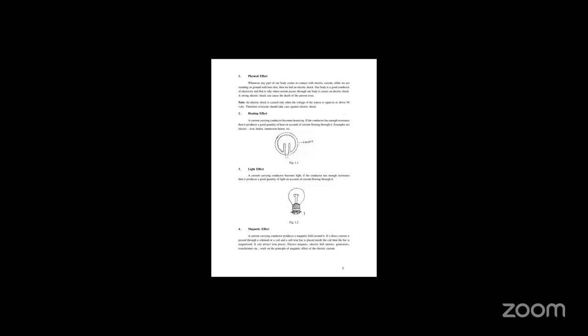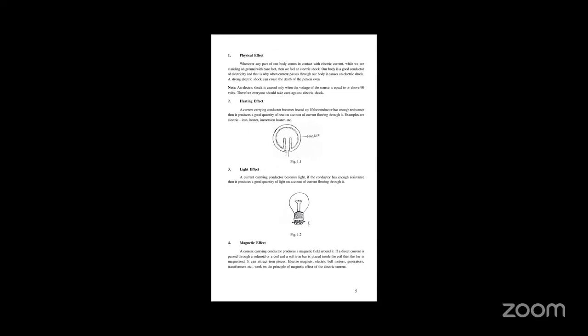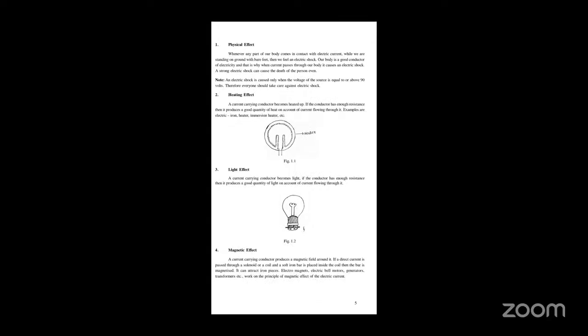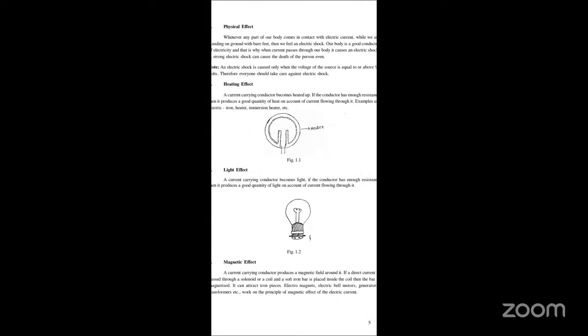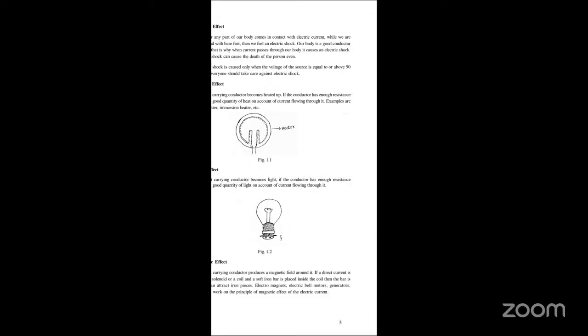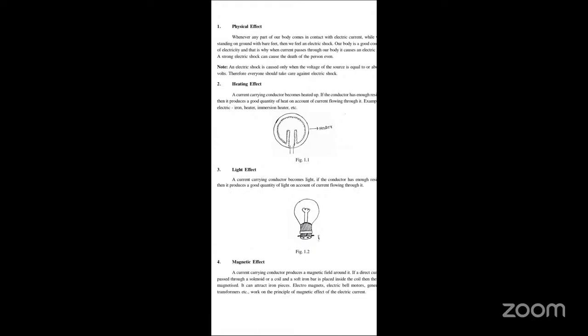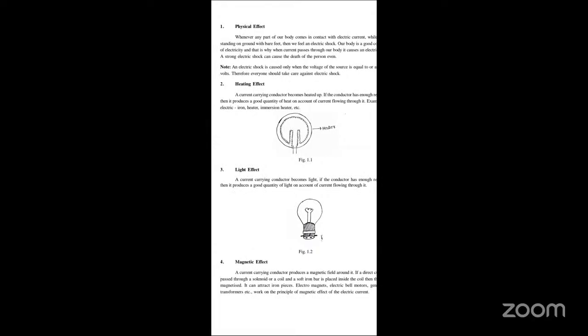Now, next, what are the effects? First one is physical effect. When current flows, how can you feel it? That is called physical effect. Whenever any part of our body comes in contact with electric current while we are standing on the ground with bare feet, we feel an electric shock.